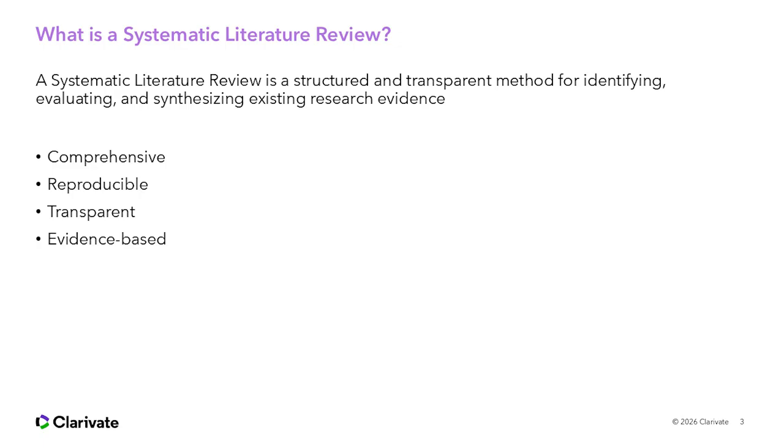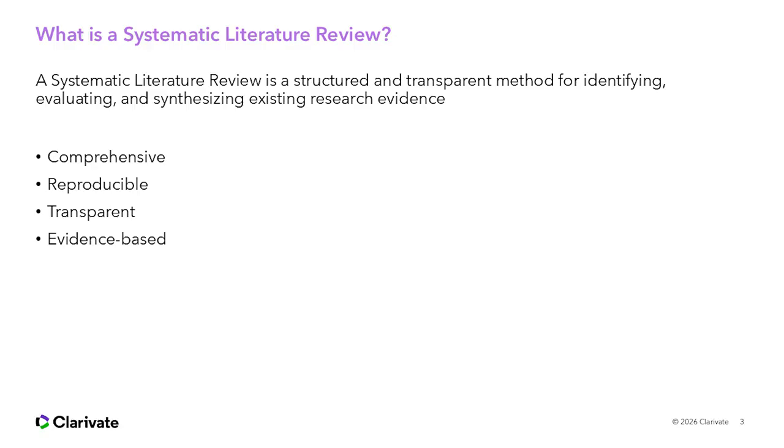What I want to do first is answer: what is a systematic literature review? From what I see on the ground, when I speak with researchers, many think that a literature review simply means reading papers and then summarizing them.